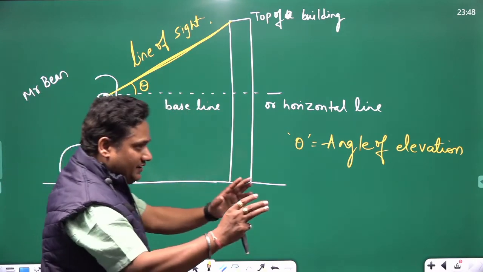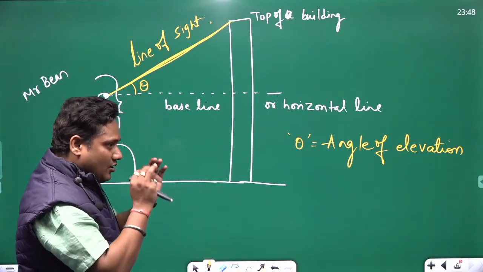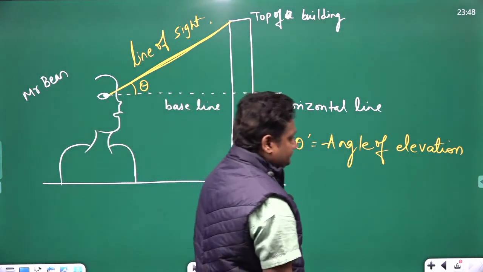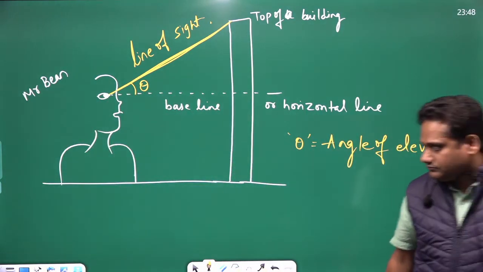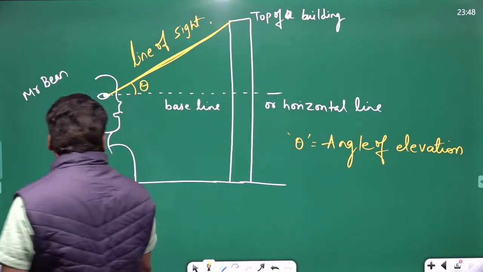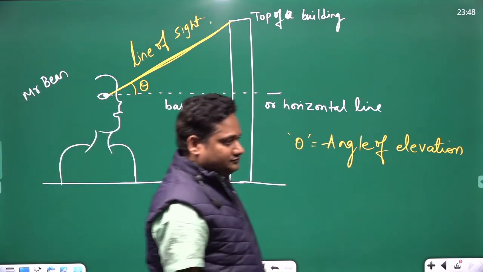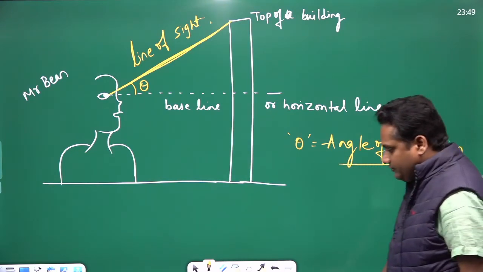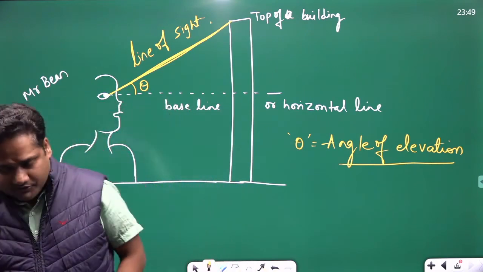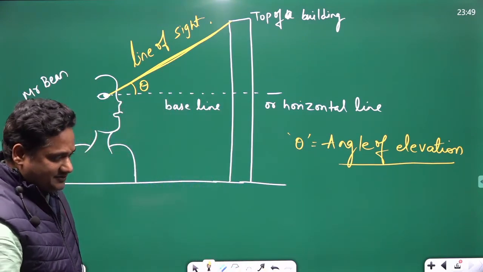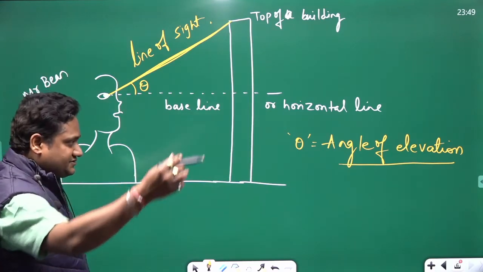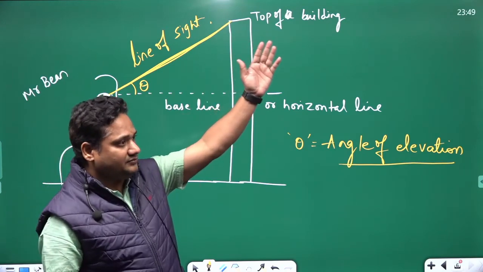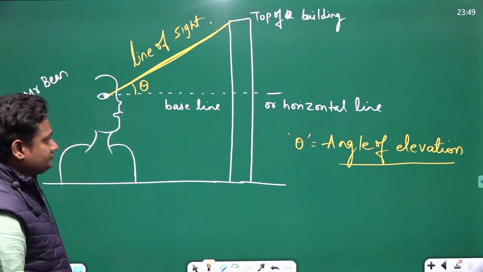You are looking for a point, the top of a building. So this is a terminology in your question. In word questions, the statement is like the angle of elevation is this. When there is an angle of elevation, that means he is looking upward, right? He or she.